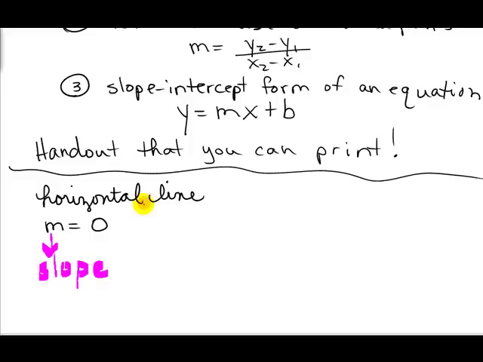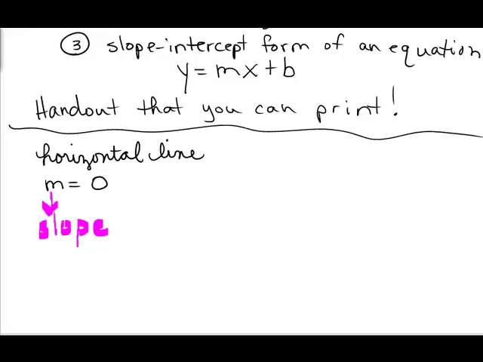And if we were to write an equation for this, our equation for a horizontal line will be y equals the number where it crosses the y-axis.